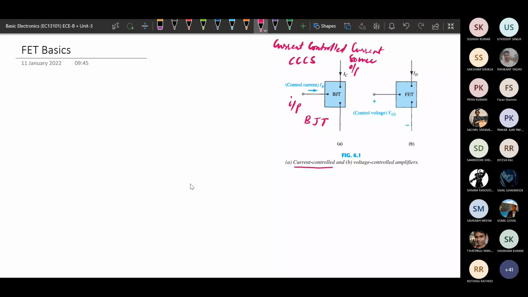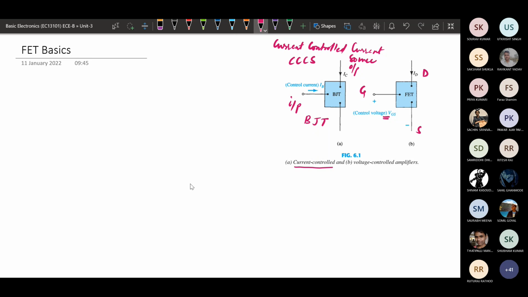But the FETs that we will be going with, that is field effect transistor, will be a black box. On the input side we will be controlling the gate to source voltage. This is a three terminal device: this is gate, this is drain, and this is source.